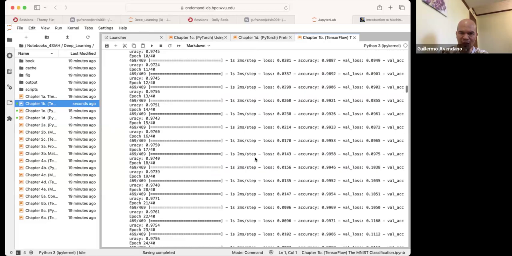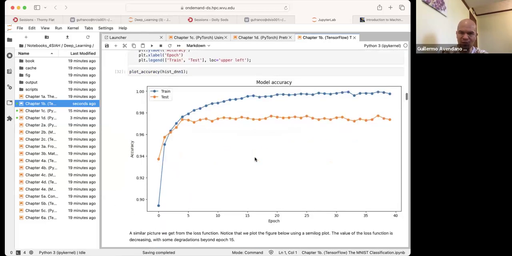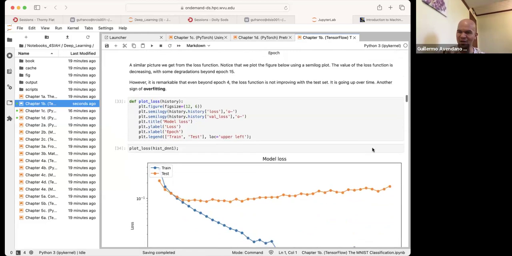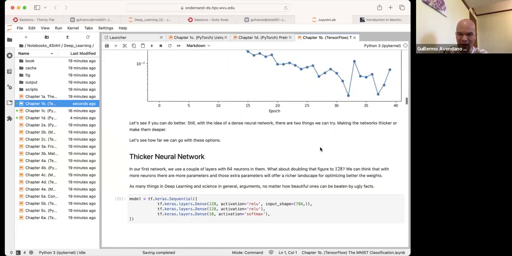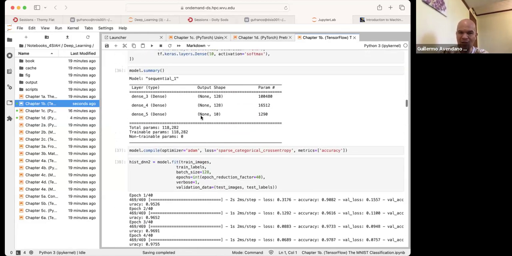And at some point, I retrained that, and as you see here, the accuracy, as I train this multiple times, I am getting higher and higher accuracy. And at the end, I am trying to make different, more complex or bigger networks.